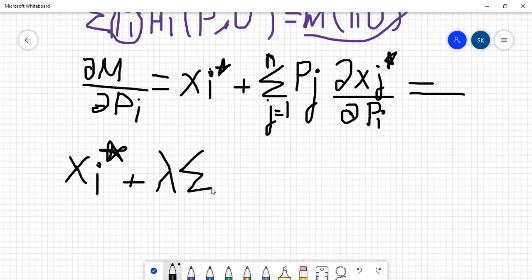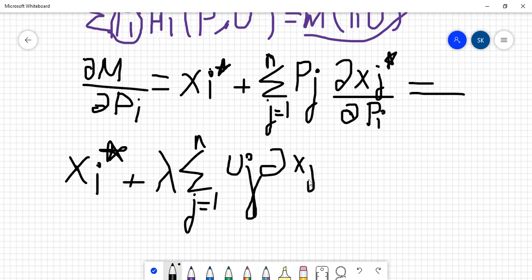Lambda will be multiplied with the constraint function, where j starts from 1 and ends at n. Then we have uj, curly xj star divided by curly pi, and this is equal to xi star.